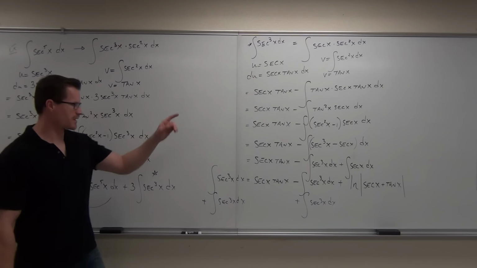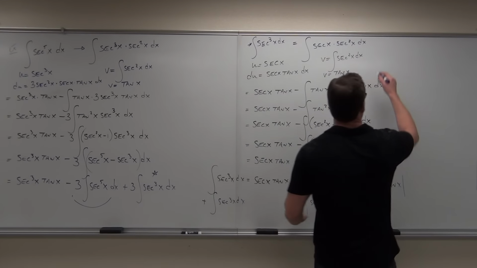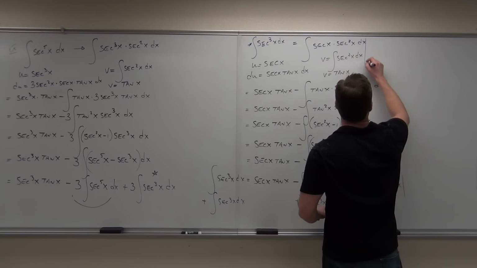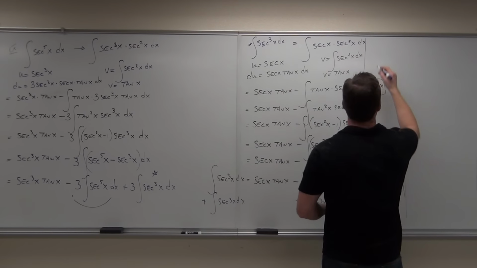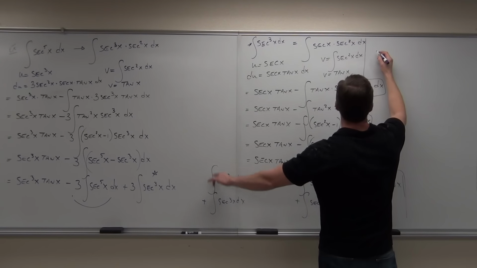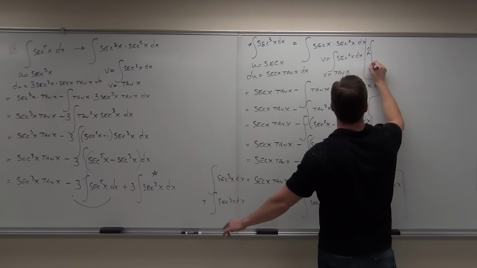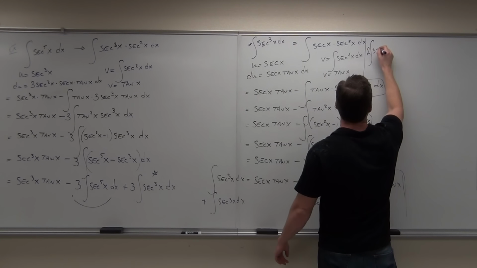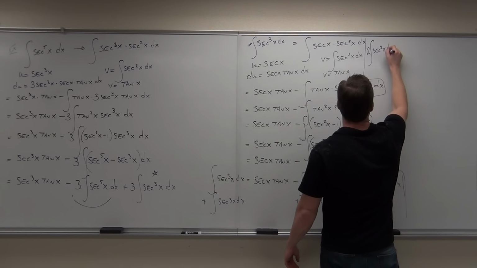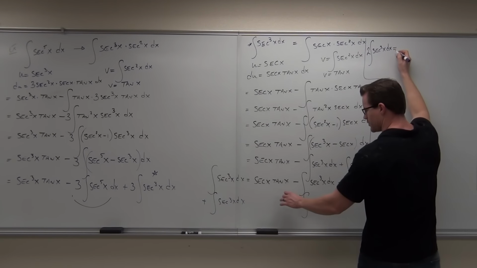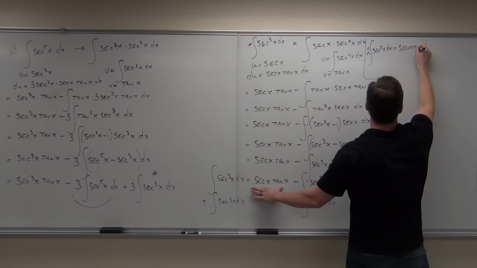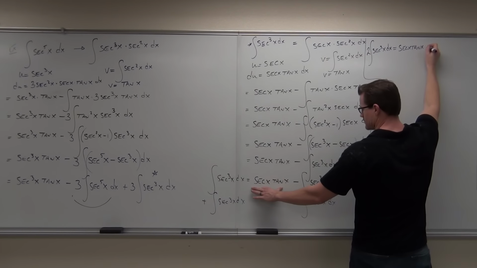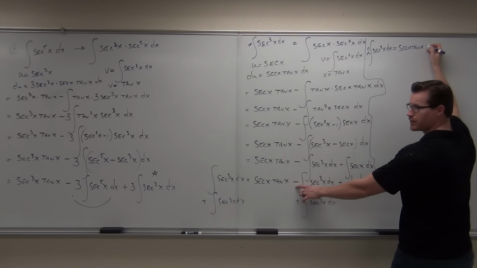I think I can write it over here too. How much is this going to be? Well, 2 integral secant cubed x dx. How much that's going to equal is this thing. Is this still here?